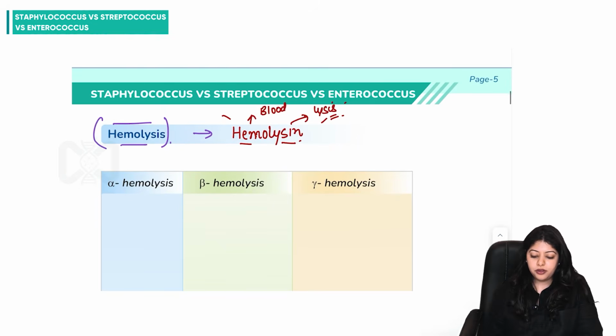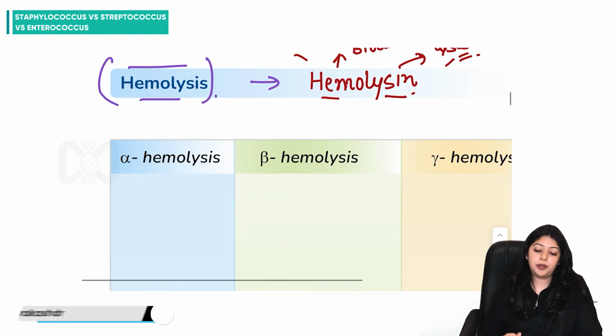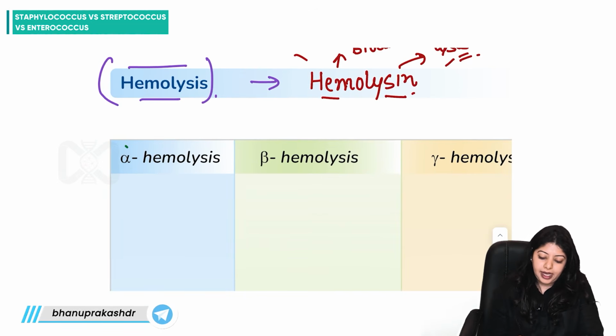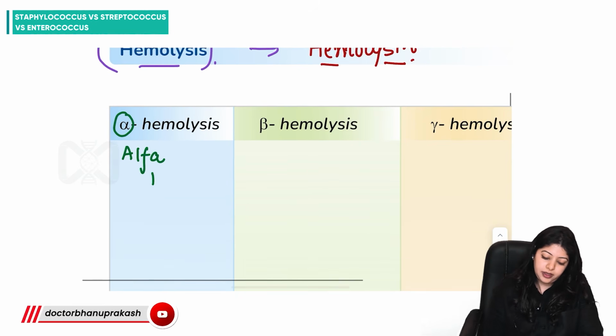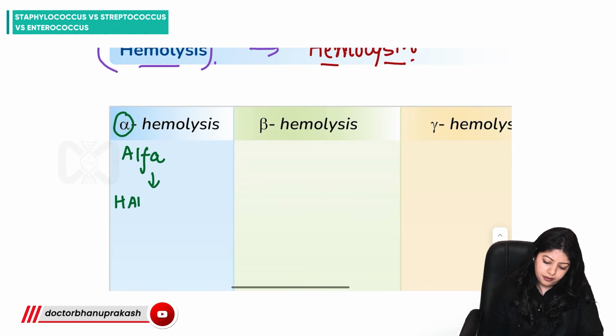So we have three types of hemolysis. One is alpha hemolysis. Can we write it as α? And if we write it down like that, does it now make sense?